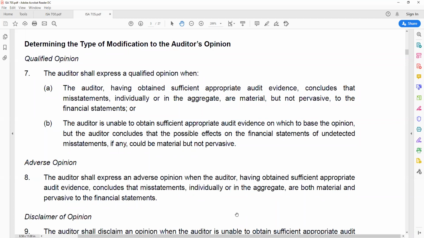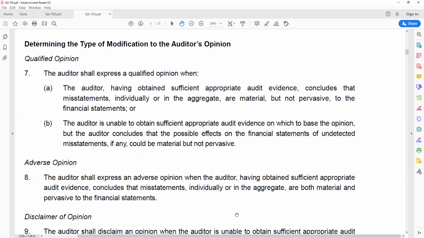So be careful when you're going through that slide, you need to get to know it very well. In case we have a scope limitation, however, the potential misstatement could be material but not pervasive, then you're going to issue a qualified opinion, what we call the except for.